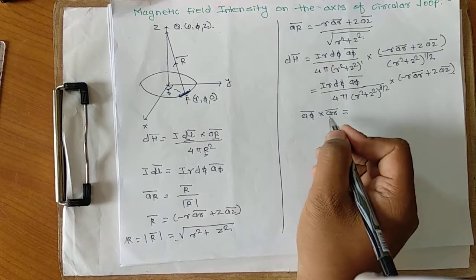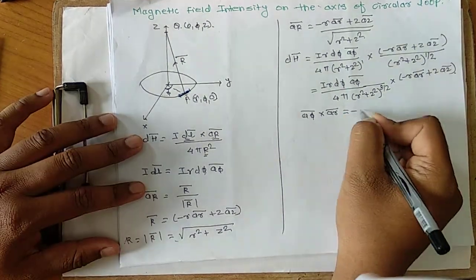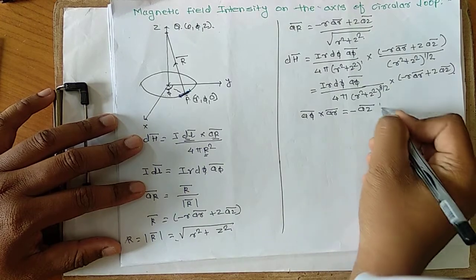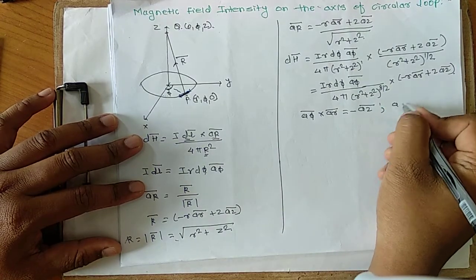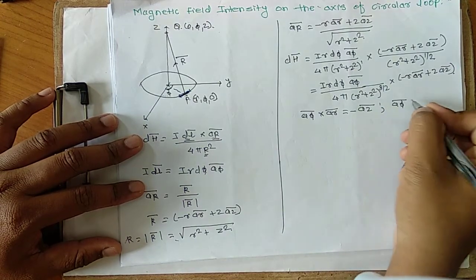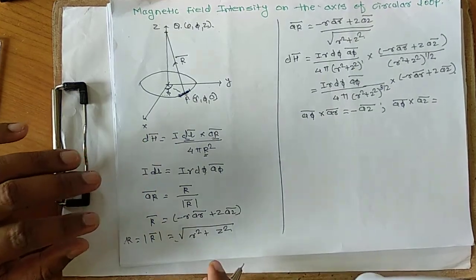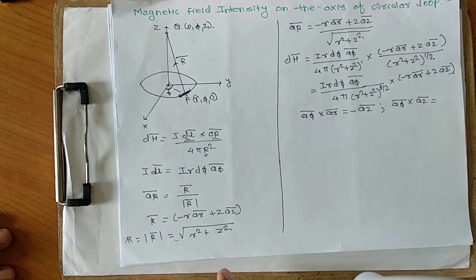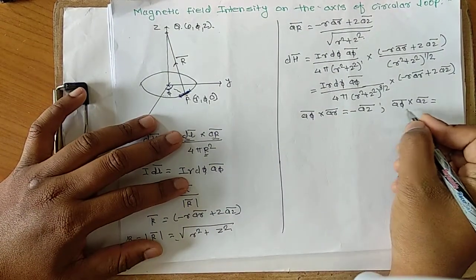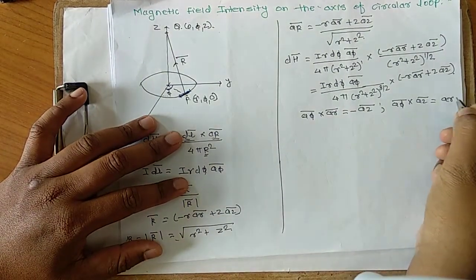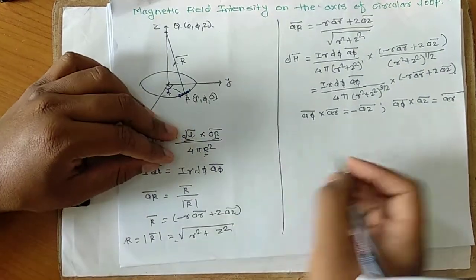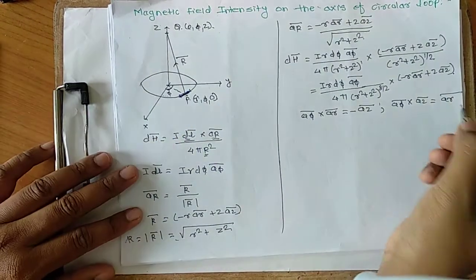But here it is a_phi cross a_R bar, so it is minus a_z bar. And what is next? That is a_phi bar cross a_z bar. Phi there, then it is a_R bar. So this sequence is correct, that's why it is plus a_R bar.